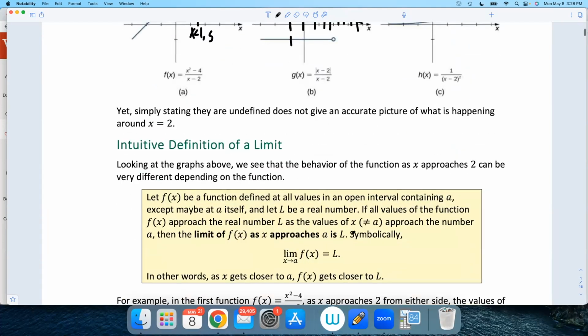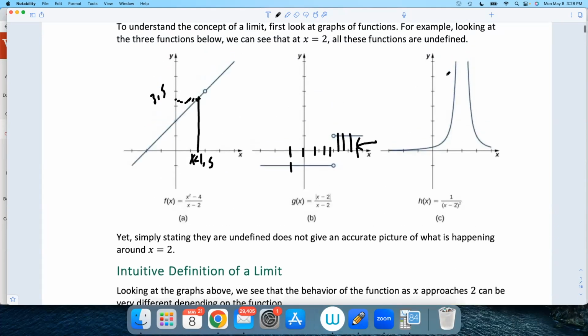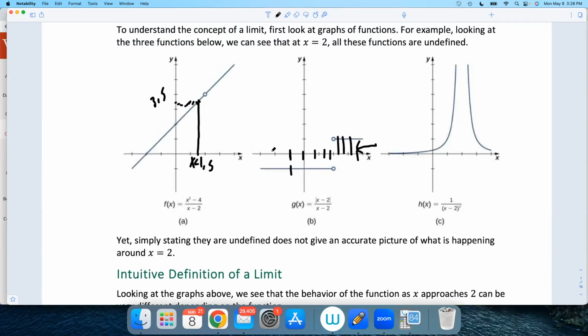It says here, approaches a real number L. This graph is not approaching a number. This graph is approaching 2 different numbers. One number from the left, -1, a different number from the right, +1. This limit would not exist. Limits don't have to exist.